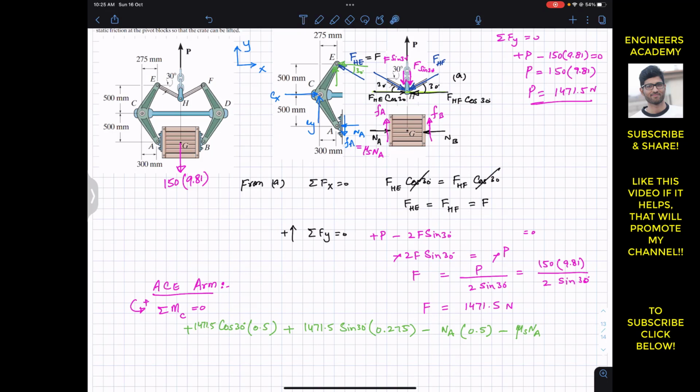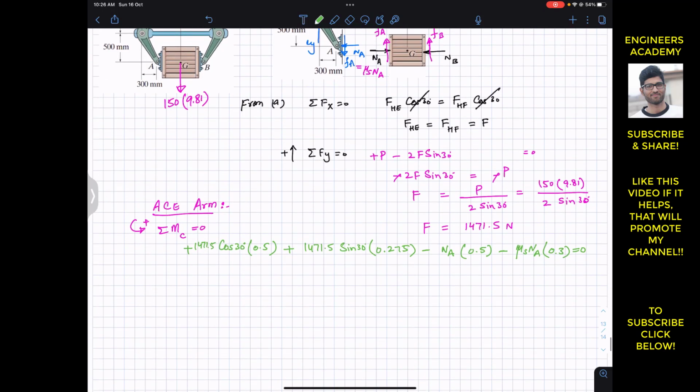The perpendicular distance of this FA from that point C is 300, which is 0.3 in meters, and this is equal to 0. So now in this whole equation we have mu S unknown and NA unknown.